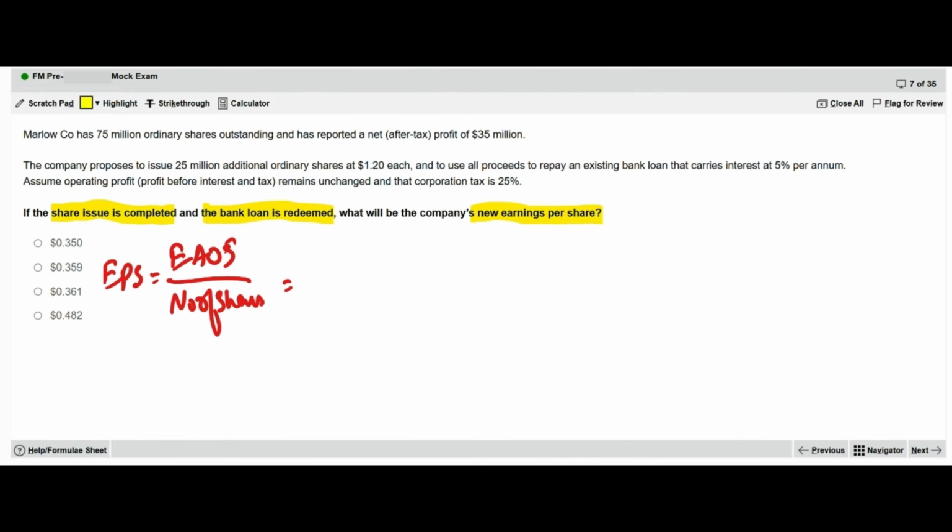The existing EPS before the issue of the share and before the bank loan is redeemed, which is not asked in the question, is 35 million, assumed to be the earnings attributable to ordinary shareholders, and 75 million shares. So that's 35 divided by 75, which gives me $0.467 per share. Now this is not what is asked. This is pre-issue of shares.